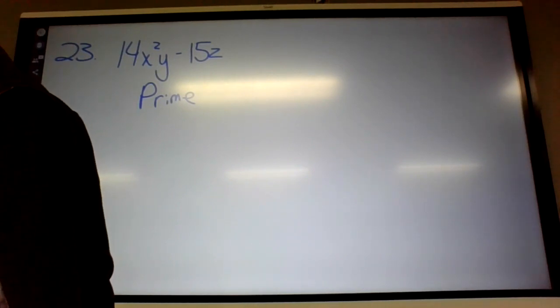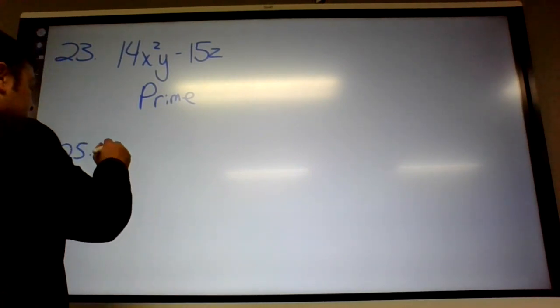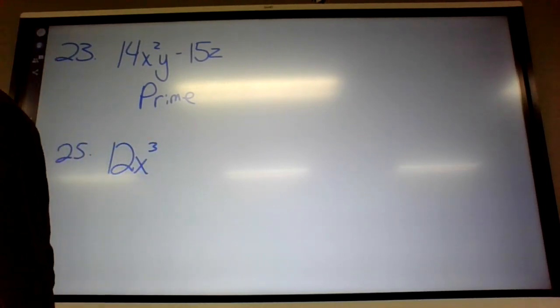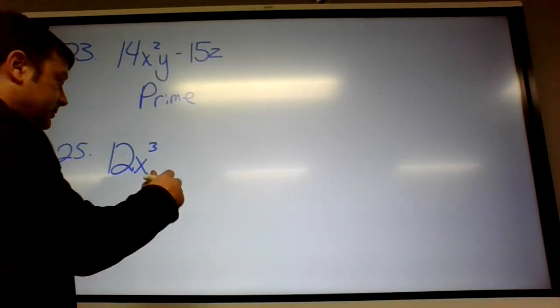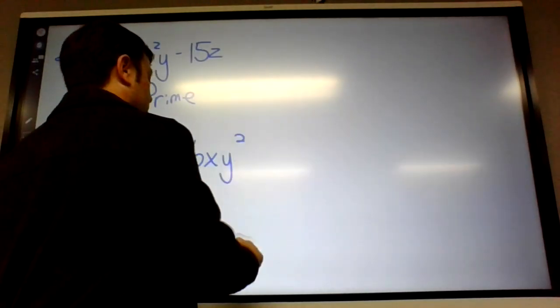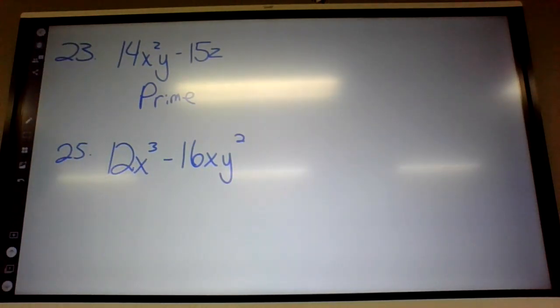Okay, 25 is 12x cubed minus 16xy squared. Okay, what can go into 12 and 16? 4.